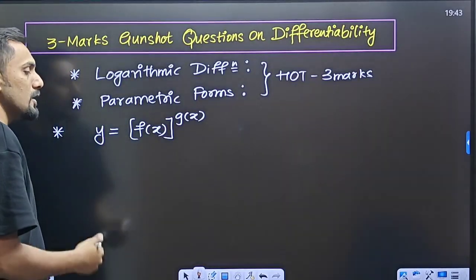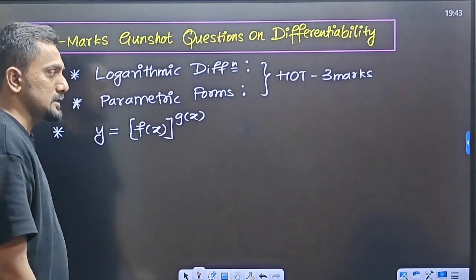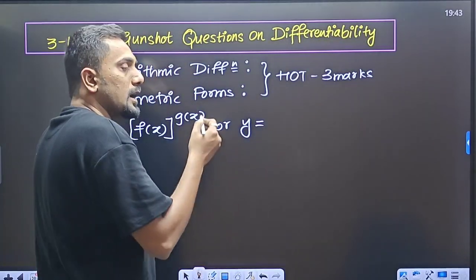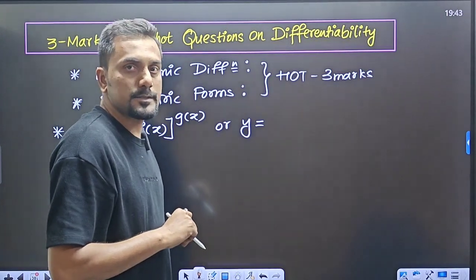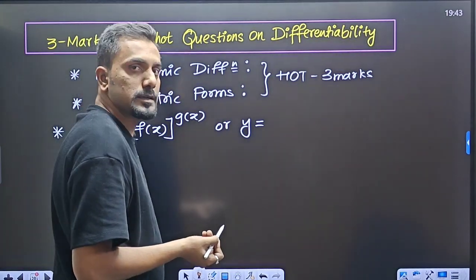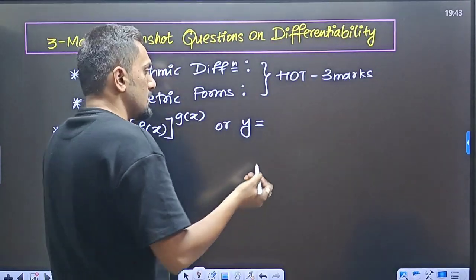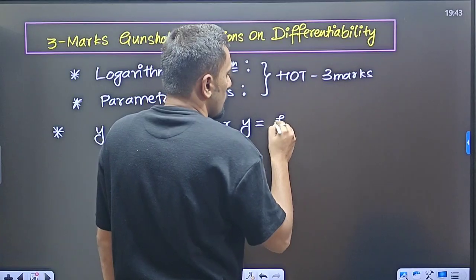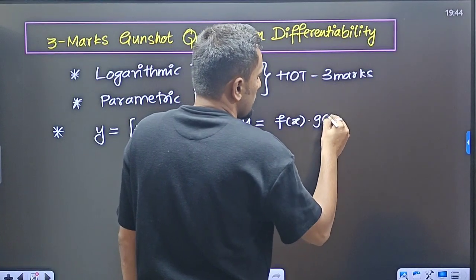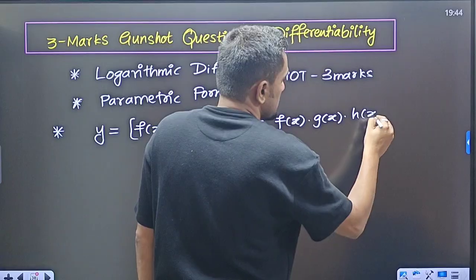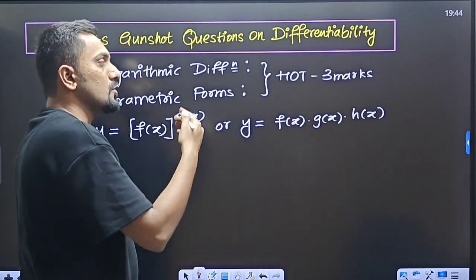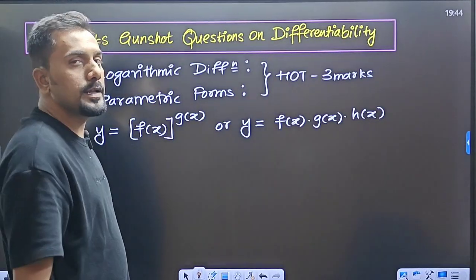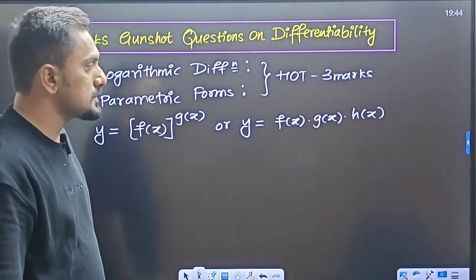In this case, I have to use logarithmic differentiation, or else if the function is of a continued product of terms, some linear terms or quadratic terms, for example f of x into g of x multiplied by h of x. Okay, there are so many functions. In these two cases, we will use the logarithmic differentiation.